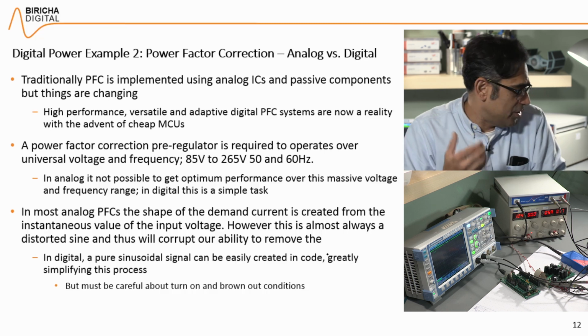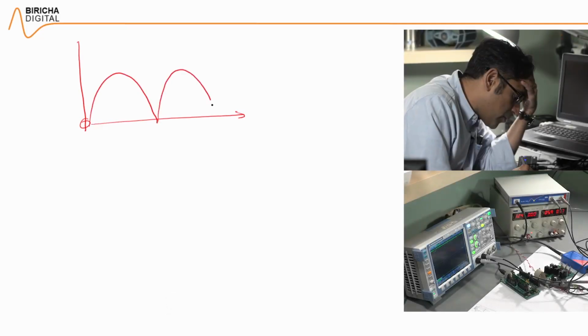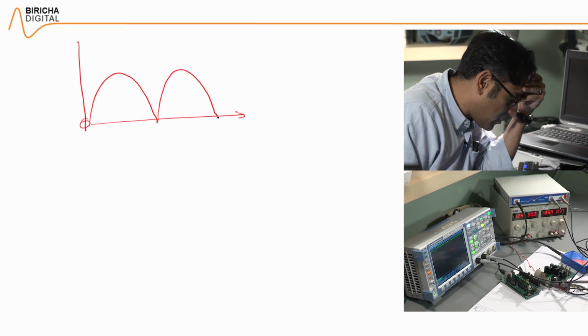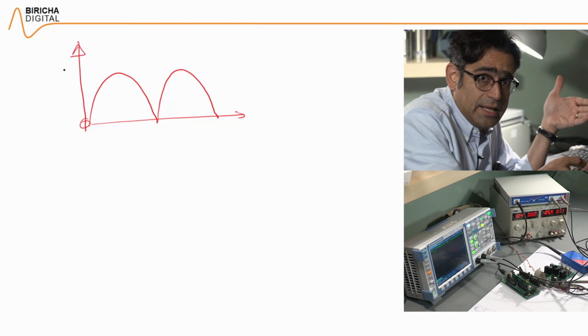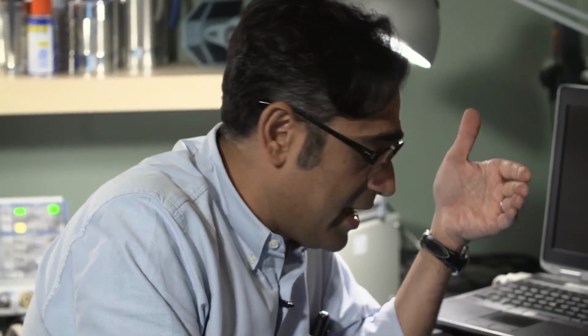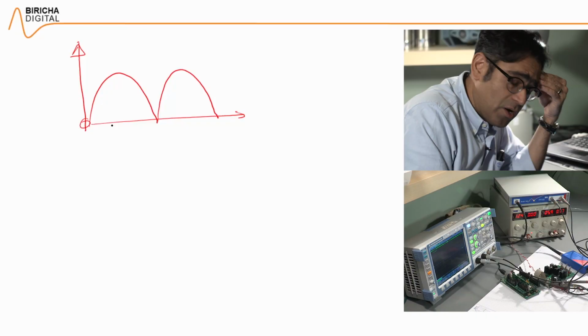So typically what we do is, if you imagine a rectified sine wave from the line, you first put the sine wave that's coming from your line through a bridge rectifier, and you get a shape like what I've drawn here on the board.